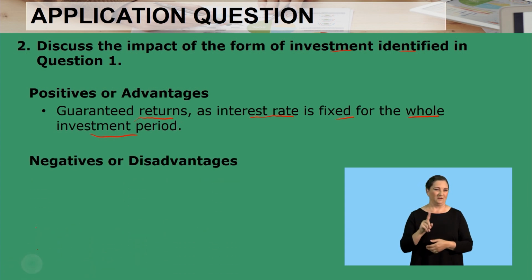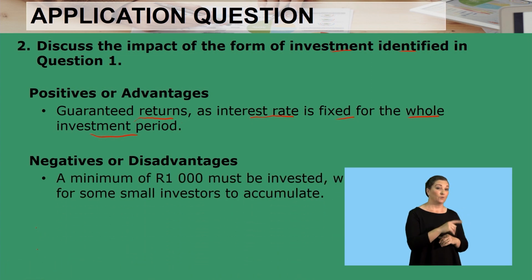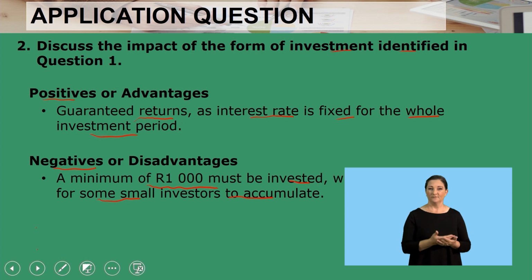And then the negatives now becomes the idea that a minimum of 1,000 must be invested, which may be difficult for small investors to accumulate. So with that being said, you should know that the impact allows you to either provide positives or negatives so that you become sorted. But you can provide positives only or negatives only.